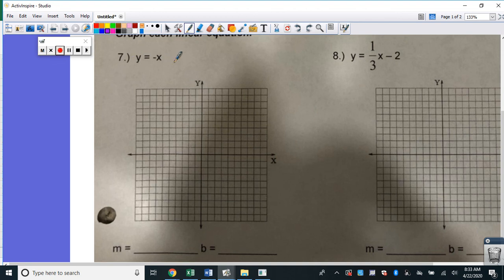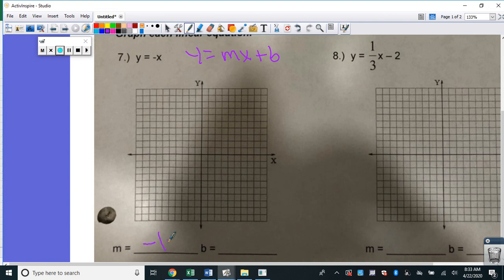On number 7, we see y equals negative x, and we want to graph that. Slope-intercept form is y equals mx plus b. Okay, so we see the negative x, and we need to understand that when we see negative x, it's understood that that's a negative 1 in front of that x.